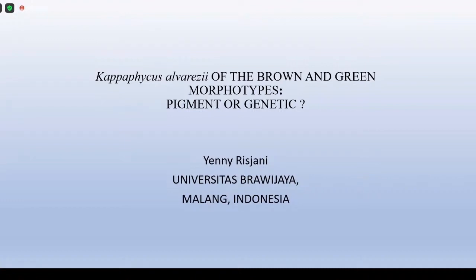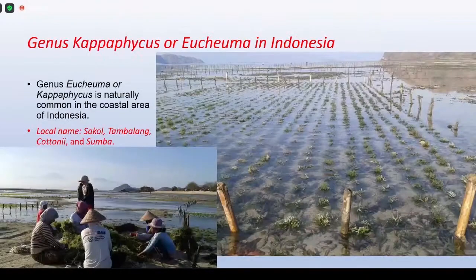This is our question because until now, information about how we can characterize the macroalgae by pigment or genetic is very scarce in Indonesia, and this is why we use the title.